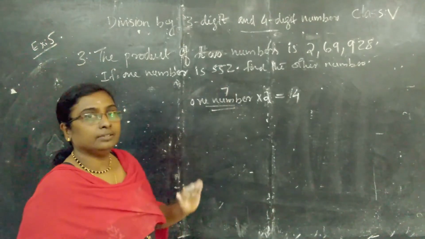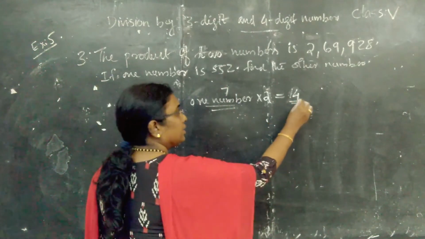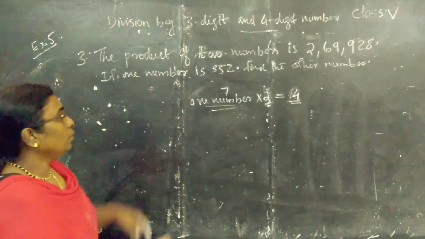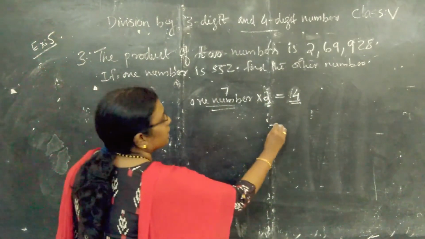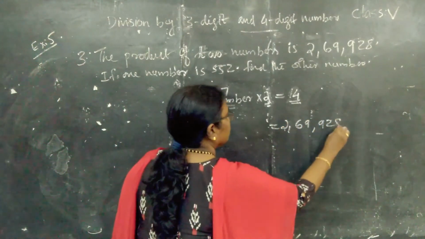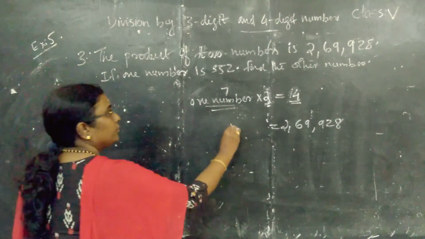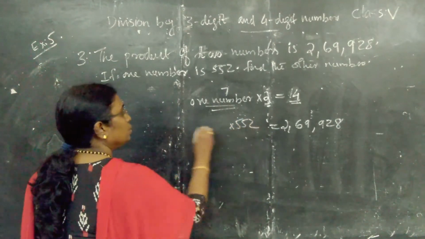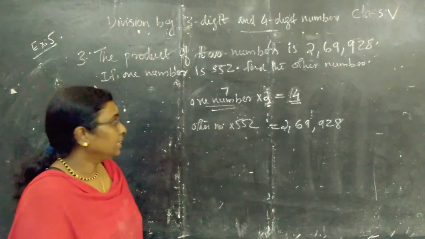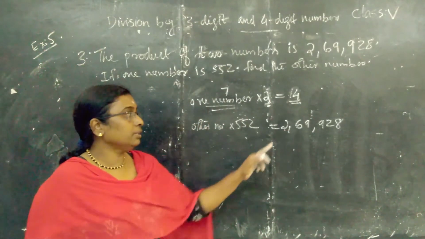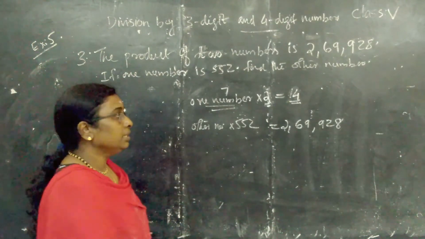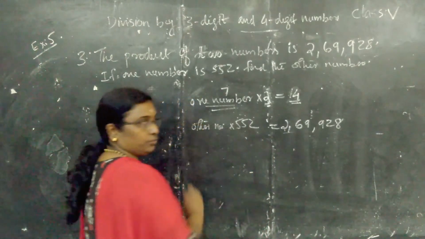How we get 7 here? 14 divided, the product divided by one number. 14 divided by 2. Here also, the product of two numbers is 2,69,928. If one of the number is 552, find the other number. Isn't it? How we get the other number? The product divided by one of the number.